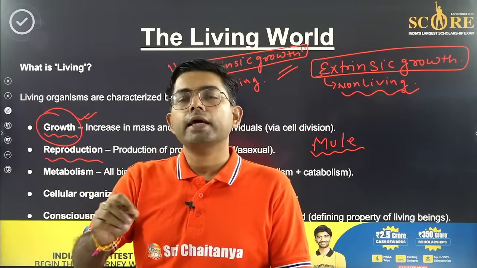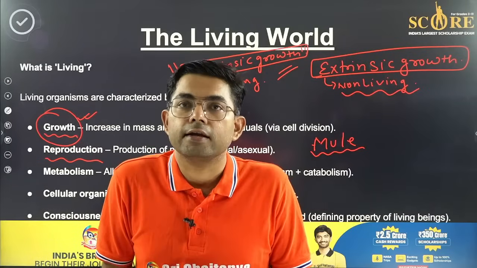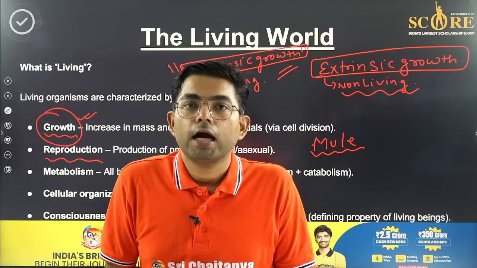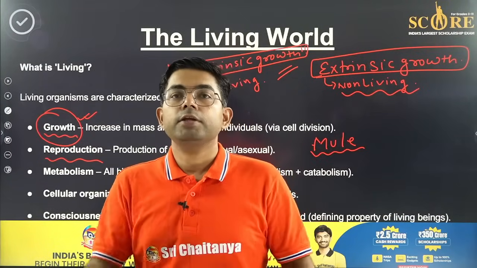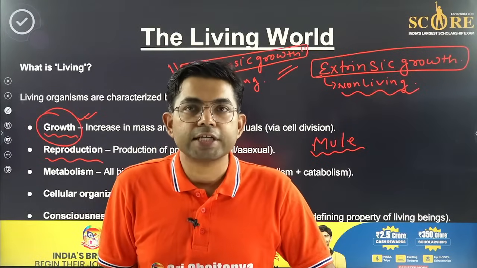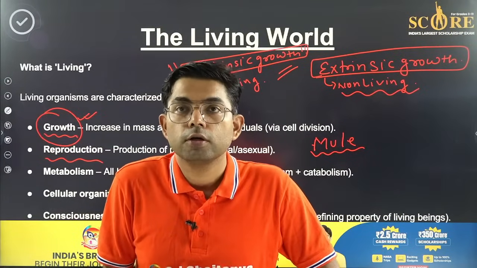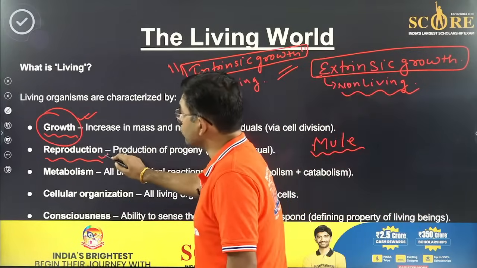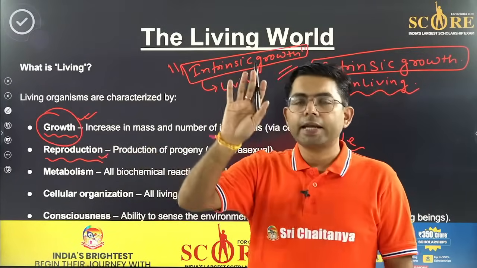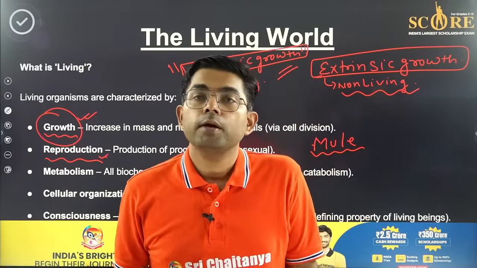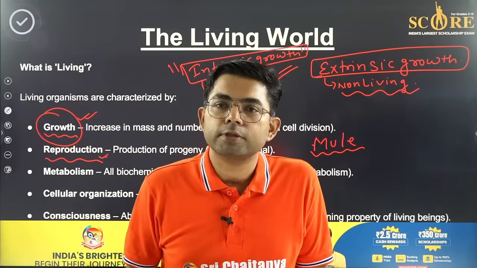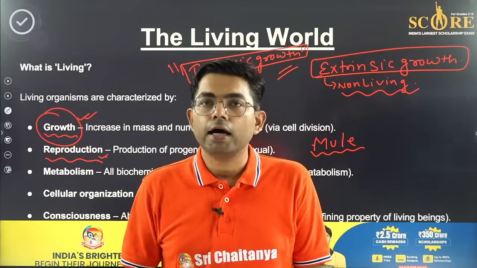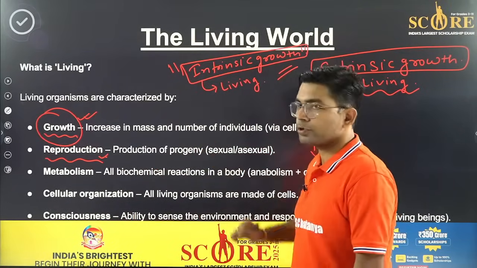So a mule cannot reproduce. It is sterile. In the same way, the worker honeybee is also sterile, which is called a drone. So there are some living organisms which do not reproduce. Although reproduction is a characteristic of living organisms, can we say all living organisms reproduce? No. There are many living organisms which don't reproduce.